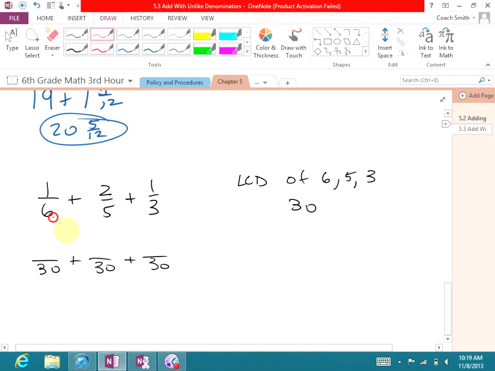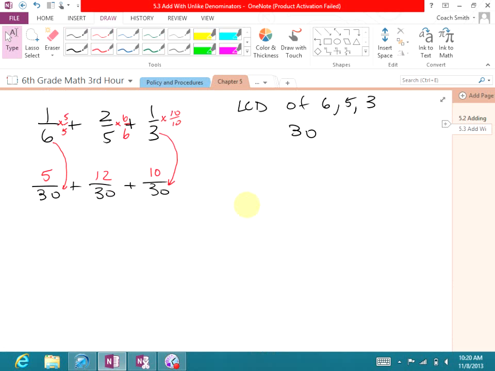So what did we do to 6 to make it 30? So we go 5 over 5, and that would give me 5. What did we do to 5 to make it 30? So we multiplied by 6 over 6, which is 12. Multiplied what by 3 to get 30? 10. So 10 over 10, which is 10.